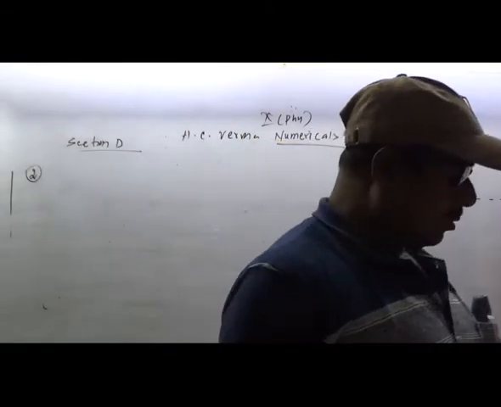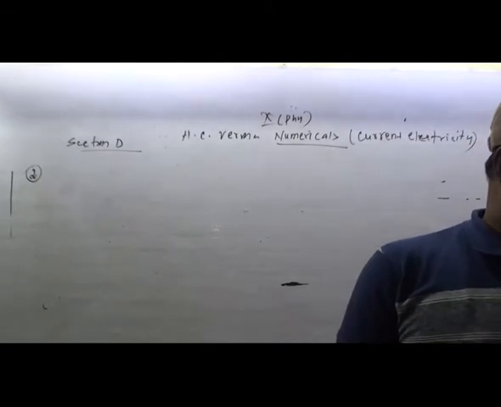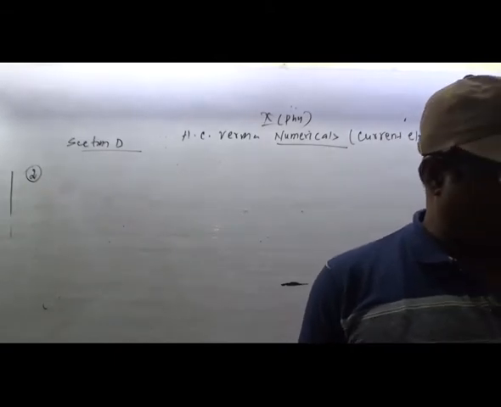Calculate the work done in taking a charge 0.02 coulomb from A to B.